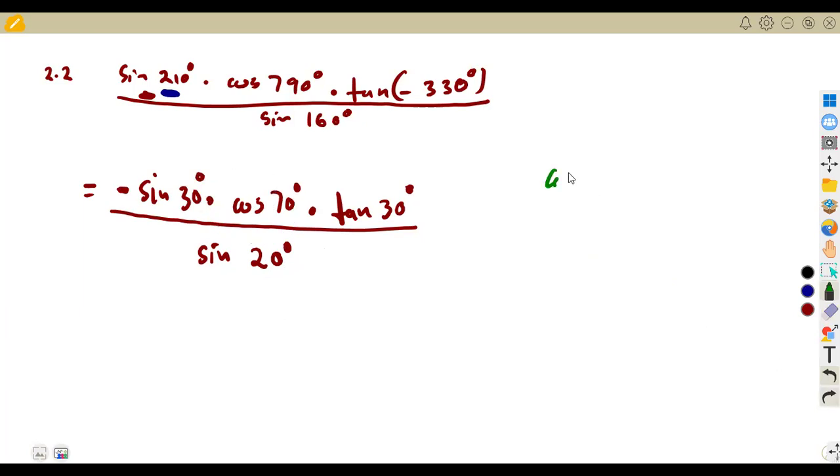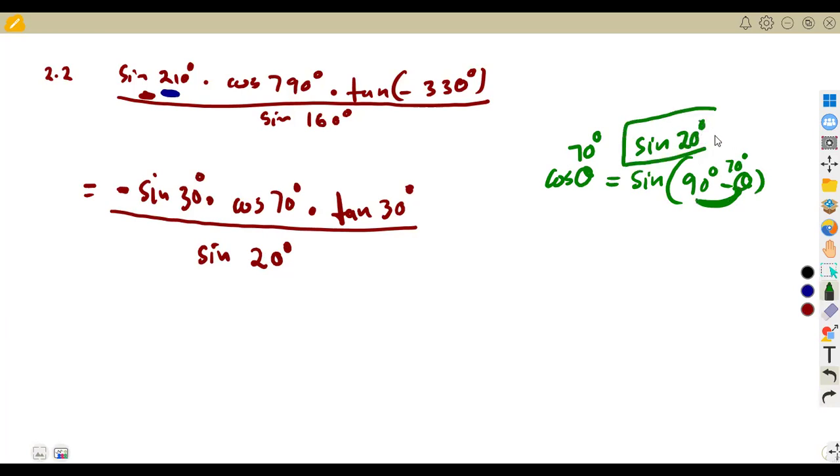How? Remember that we said the cos of theta is equal to the sine of 90 degrees minus theta, from our complementary angles. So if this is the case, the cos of 70 degrees is the same as the sine of 90 degrees minus 70 degrees. And what is 90 minus 70? It's sine 20.